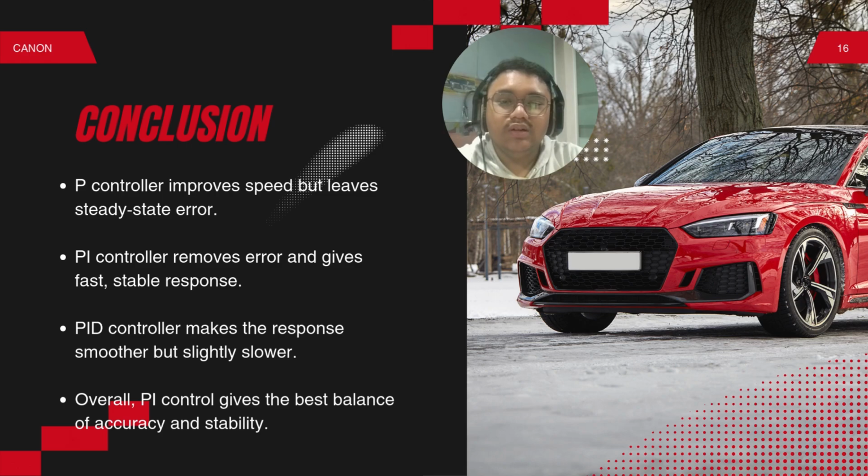Overall, based on the comparison of the three controller, the PI controller provide the best balance between accuracy and stability. It removes the error without making the response too slow or overly complex. And that conclude the analysis.